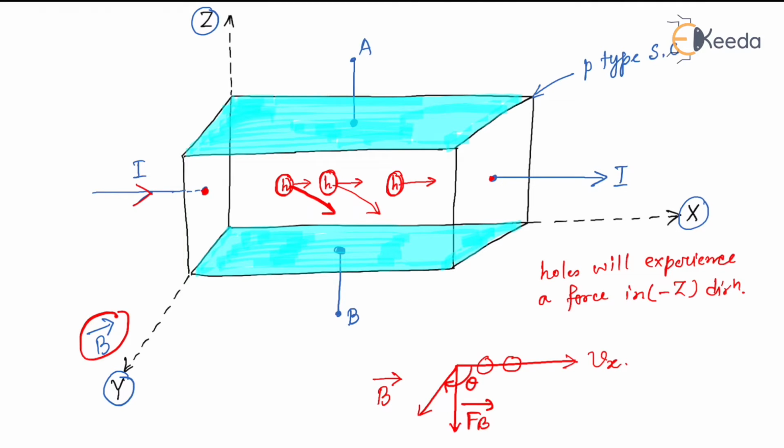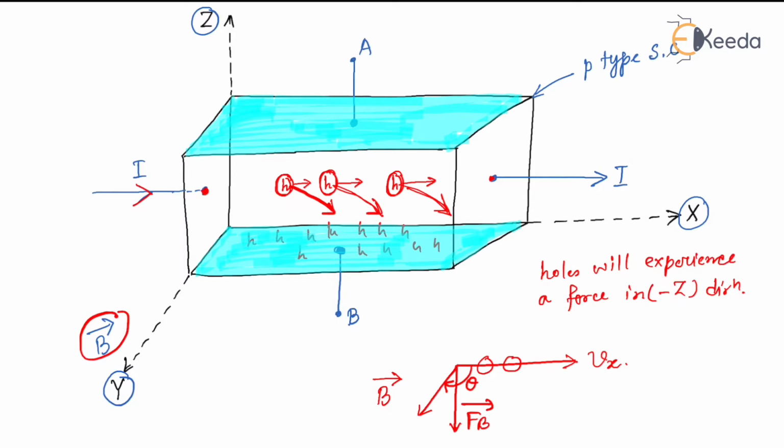They will tend to move in this direction, so the holes will accumulate in this lower plane. The movement of the holes will be like this. They are not moving in a straight line path. They will tend to move downwards toward the down plane.